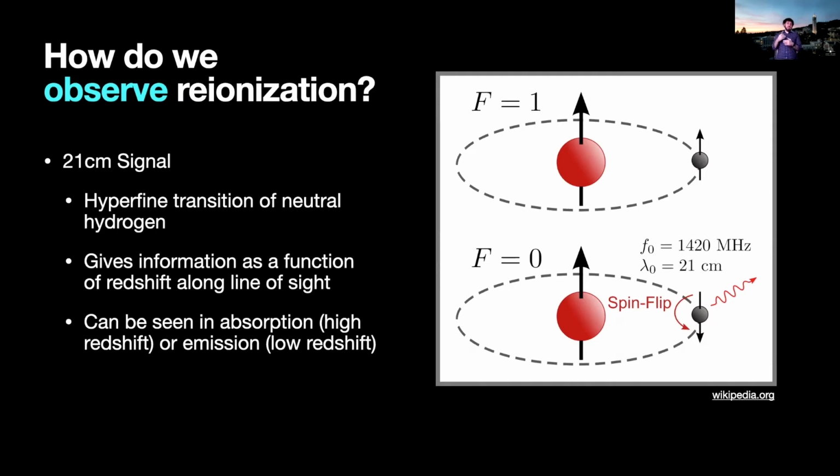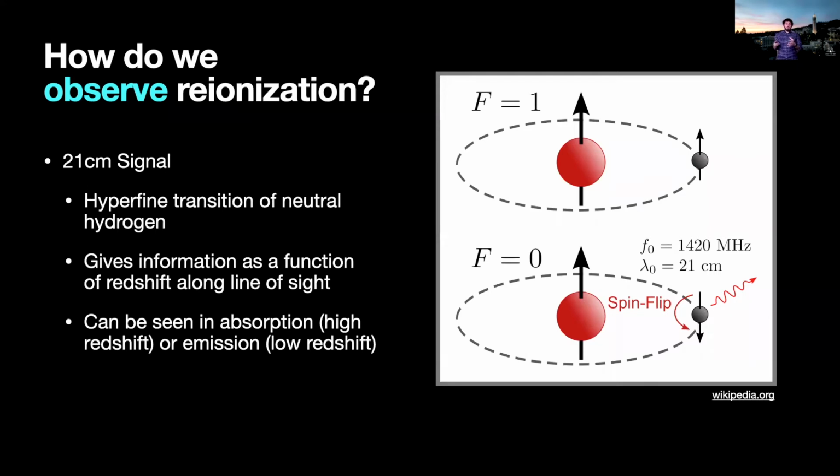The idea is that if you can observe the 21 centimeter signal at different frequencies, that maps into different redshifts of observation along the line of sight. So you can turn the frequency that you observe the 21 centimeter signal at into the full tomographic history of the universe, which is really kind of cool. You get to peek into different portions of cosmic reionization just by looking at different frequencies.